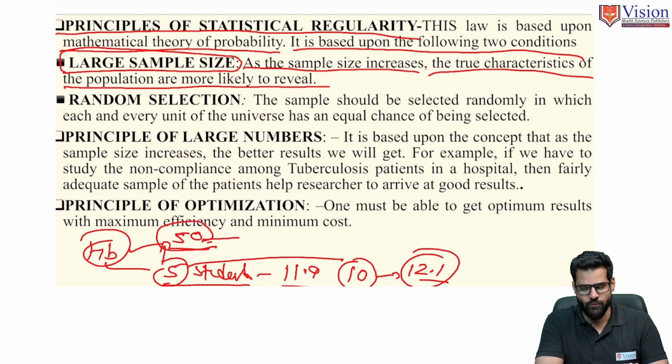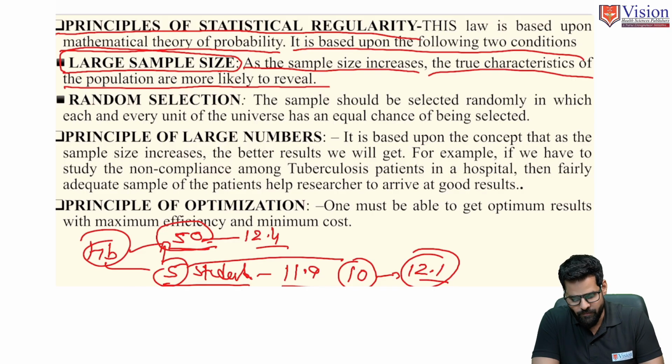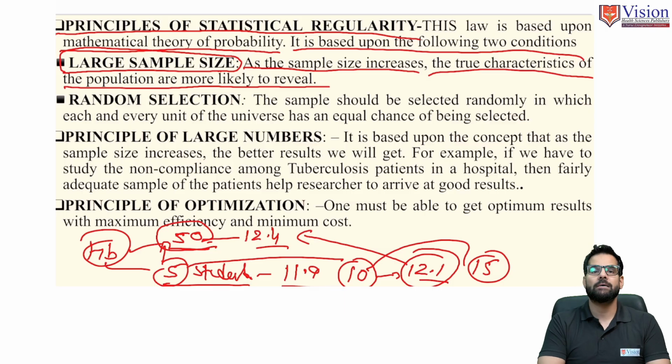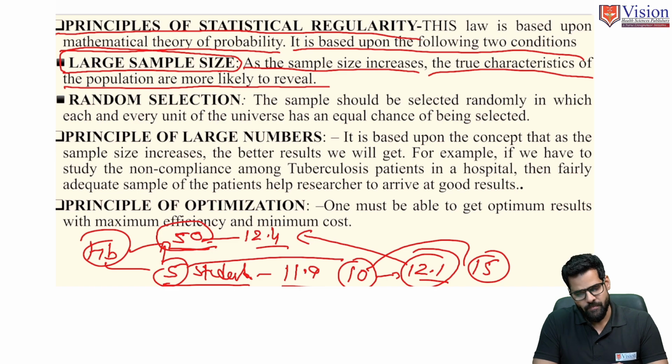Suppose the actual hemoglobin of the class is 12.4. Now as you increase the sample size, suppose from 10 you take 5 more, a sample of 15, this will go very near to the real characteristics of the population. So in simple terms, if you increase the sample size, you're more likely to represent your population.